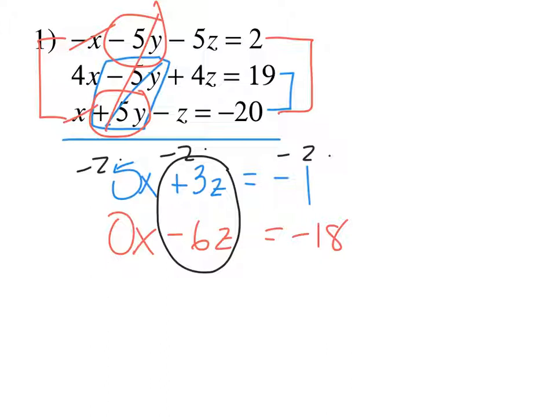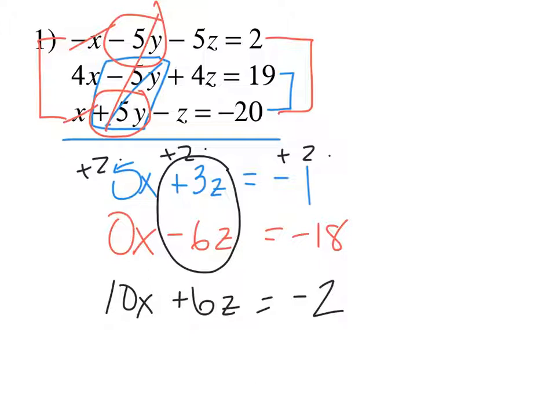Which would give me negative 10x, not negative 2, positive 2. Oh, silly me. Okay, let's try that again. I need them to cancel, so I need them to be the opposite sign, not the same sign. So 10x and then positive 6z equals negative 2.